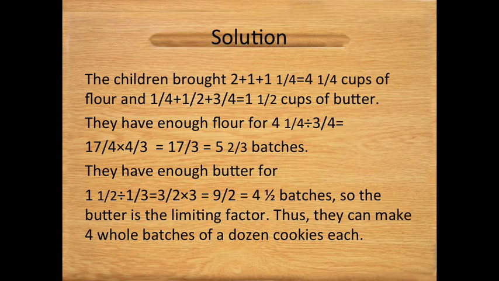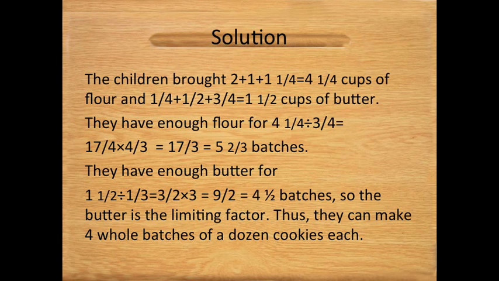Now let's look at the butter. They have a total of 1 1/2 cups of butter. Now we have to ask ourselves, how many 1/3 cups of butter are there in 1 1/2 cups of butter? So again, doing the mathematics, we find out that based on the butter, we can do 4 1/2 batches of cookies.